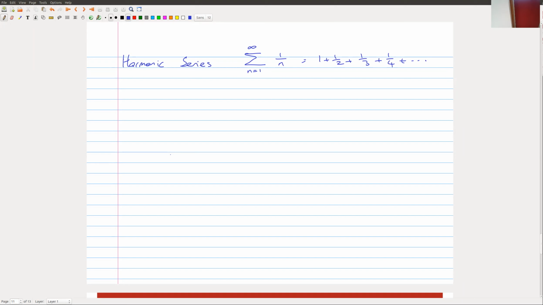We'll compare that to something that we did back in chapter 1. So we're going to draw a picture of the Cartesian plane, or the x-axis at least, with the integers 1, 2, 3, and so on, natural numbers spaced along it. The y-axis is here, and there's the point 0, 0.